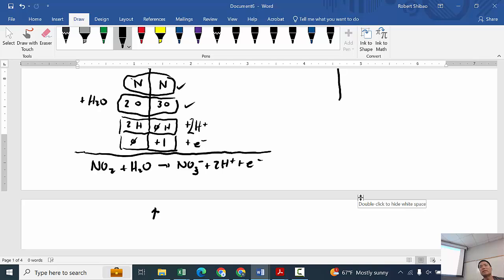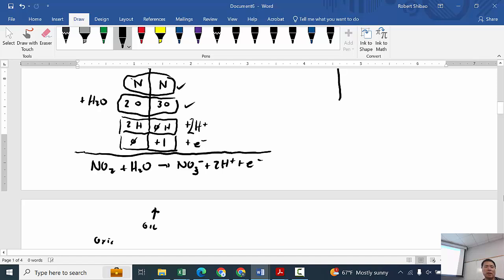You have to be careful. Oxidizing means you're the oxidizer. So it's got to be oxidation. Oxidation is loss. So NO2 is losing an electron, because nitrogen is going from plus 4 to plus 5, so it's losing electrons. So this is oil, and so we call this the oxidation half reaction.